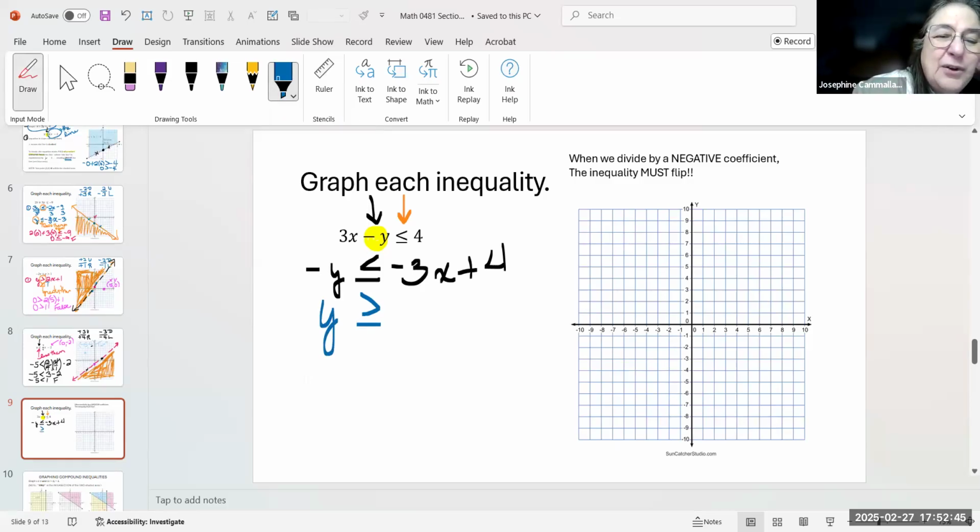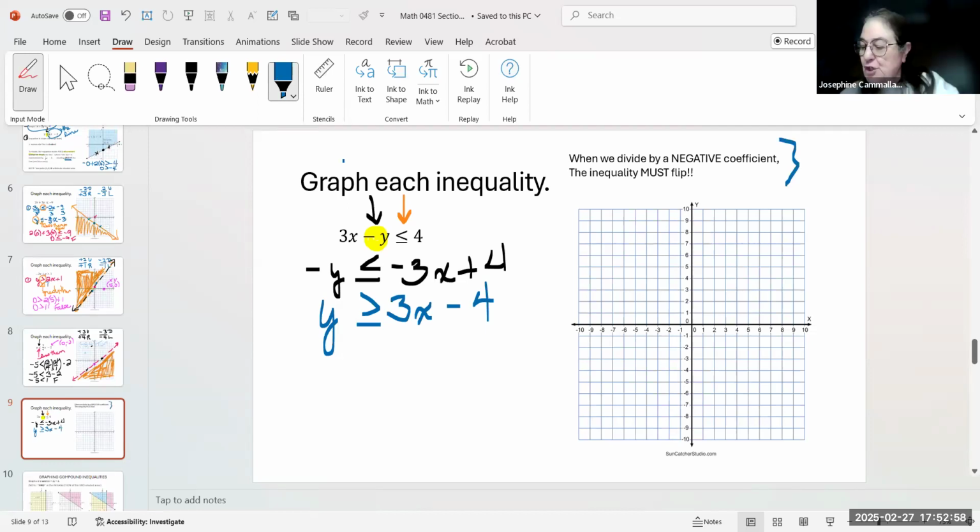Y is going to become positive, 3x becomes positive, and negative 4. I divided everything by a negative 1 coefficient. So if you forget to flip that symbol, you're going to be graphing in the wrong area. You're also going to be graphing the wrong line.